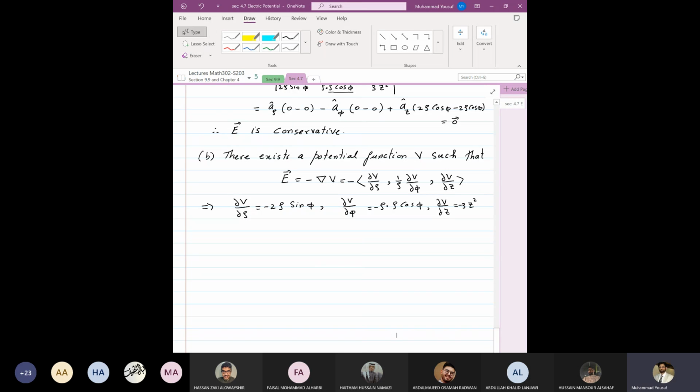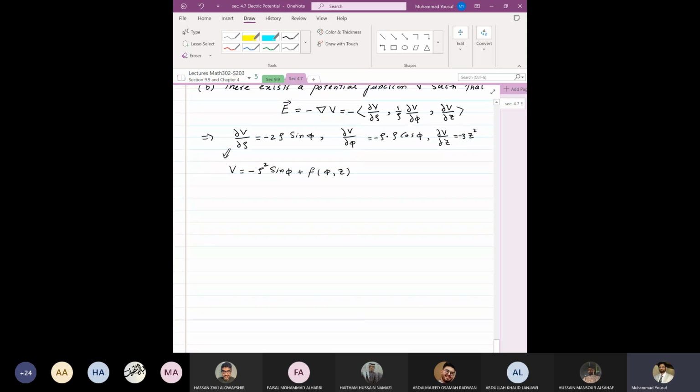Let us start with the first one. The first one implies V of rho, phi, z, for simplicity, is equal to negative rho squared sine phi plus a function of phi and z, some function of phi and z.